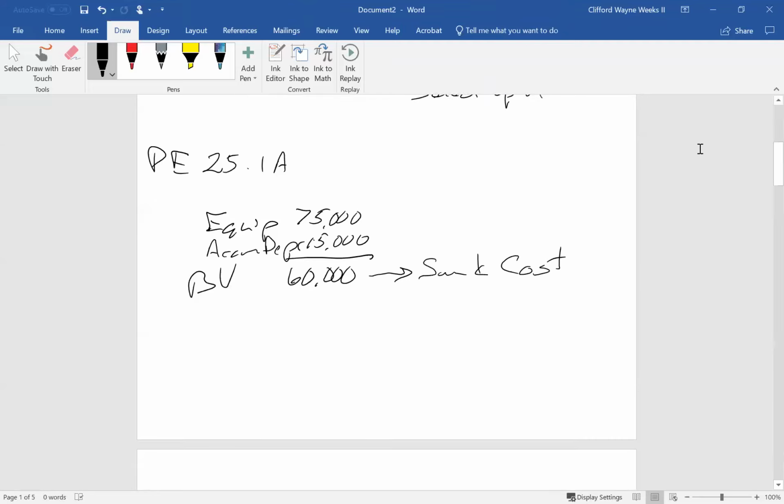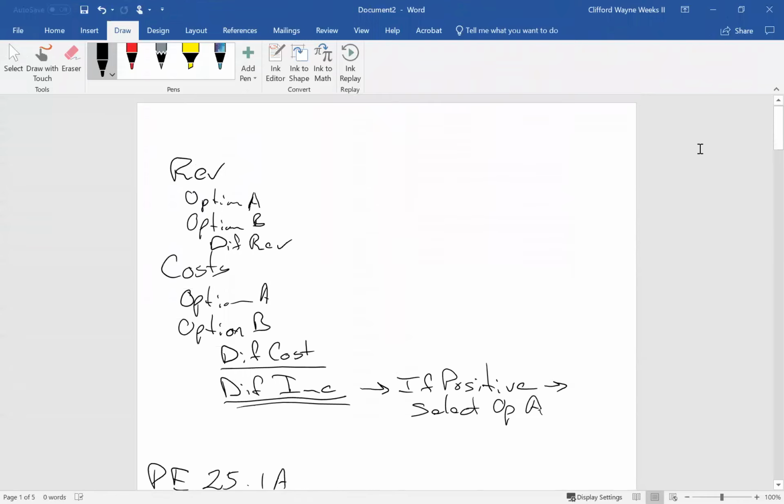Why don't we just go up here and use my table because I already created it, save us some time. The first option says we could flat out sell this machine. The company can sell it for $54,000.